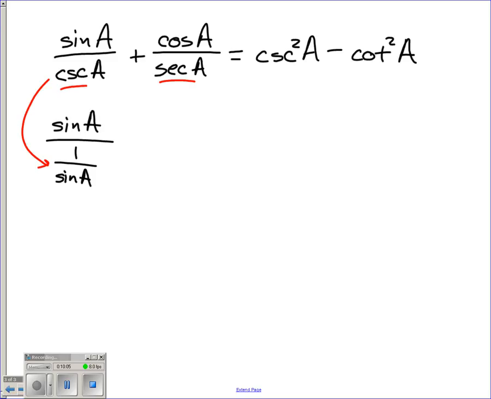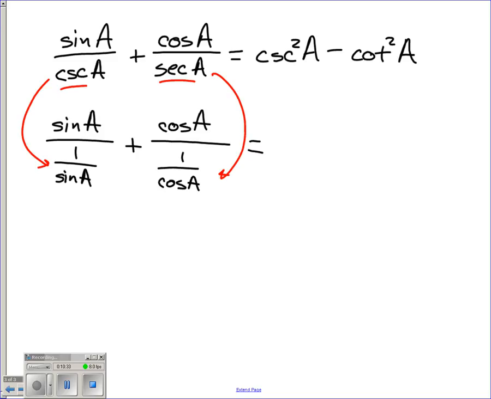So I'm just rewriting it in that form. We're going to do the same thing with the second one. This would be cosine of A divided by, well, again, instead of writing secant, I'm going to put 1 over cosine because that's its reciprocal function. Again, here and here, those are equivalent expressions. They're just reciprocals.